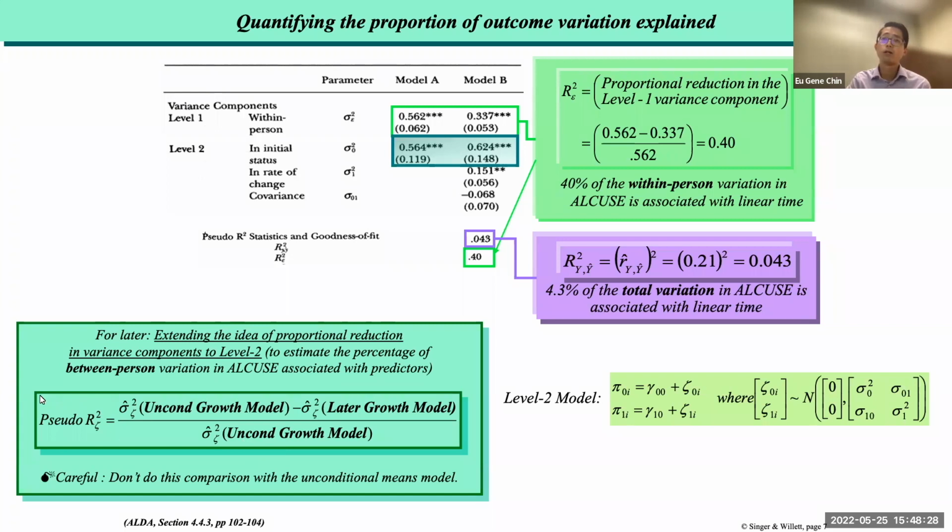So if you wanted to calculate a pseudo R-squared in terms of the variance for the intercept, we basically put in the variance for the intercept at the level 2 submodel minus the variance for the intercept at the level 2 submodel for future more complex multilevel models of change, and divide that by the level 2 residual for the intercept.